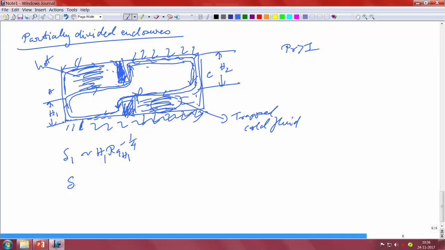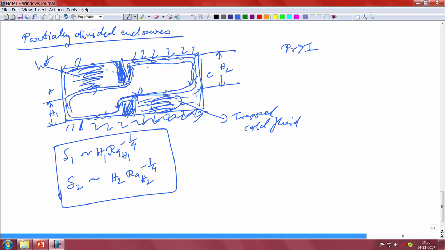Similarly, there is delta 2 which is on the other side. So that has h2 into Ra_h2 to the power of minus 1/4. So these are the two terms that we have.